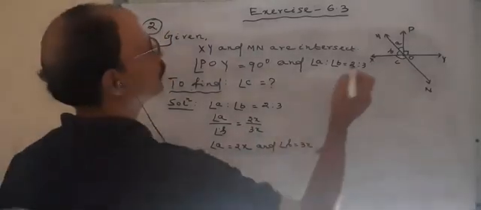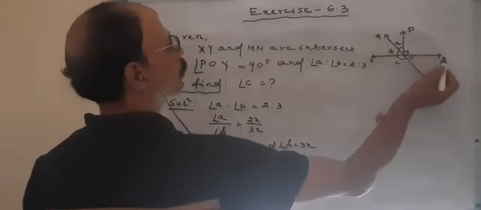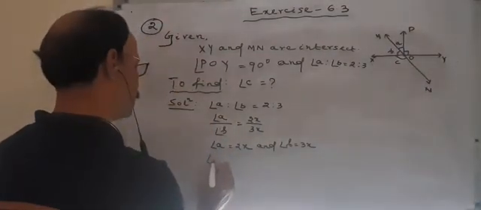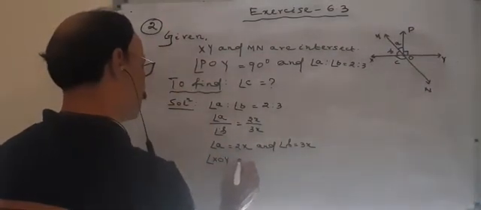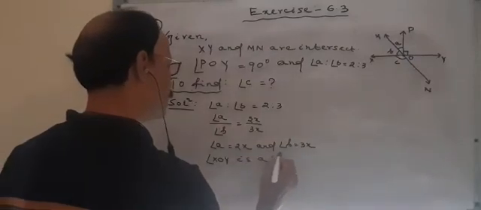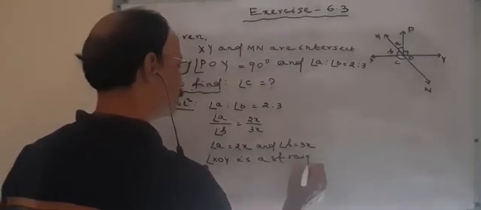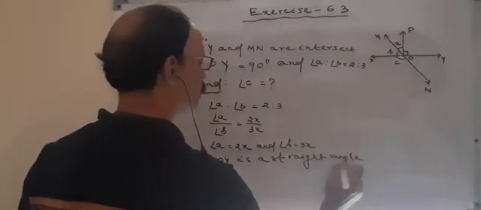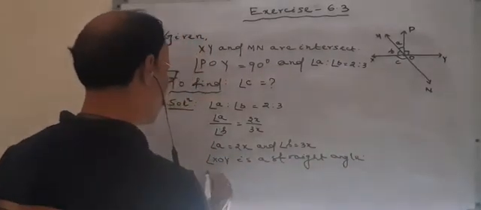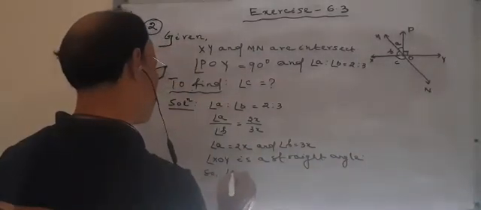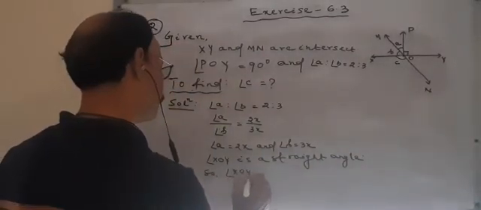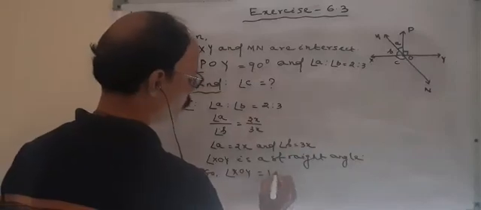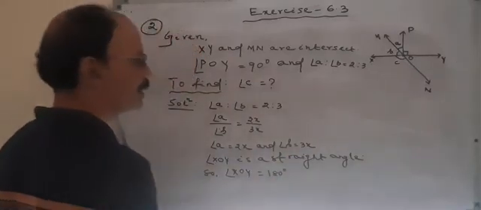Now angle XOY is a straight angle. Angle XOY is a straight angle, so angle XOY is equal to 180 degree.